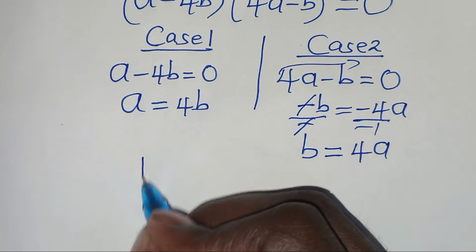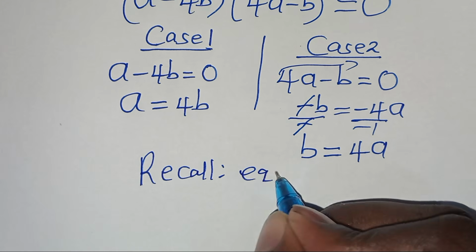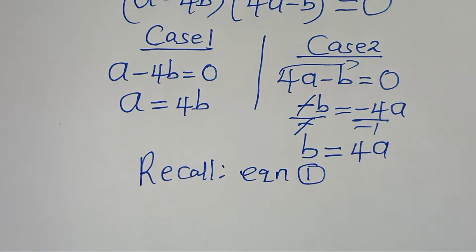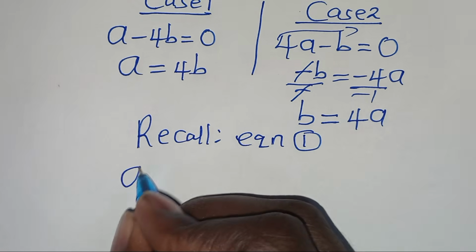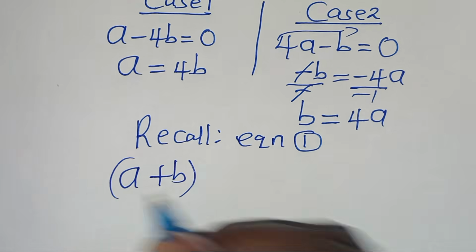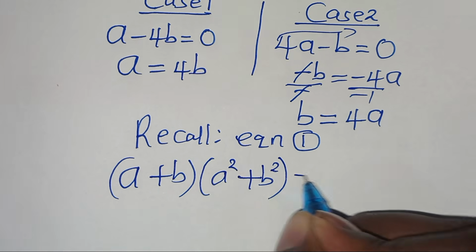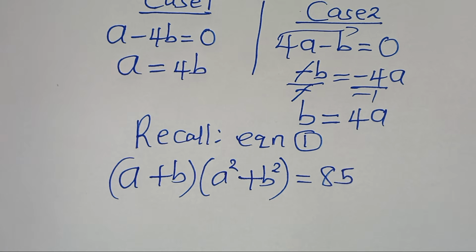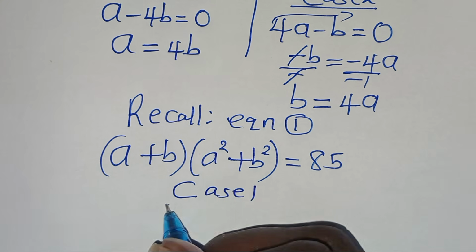Now the next step is that, if you recall from equation 1, which is a plus b multiplied by a squared plus b squared, this is equal to 85. So we have that from case 1. Now let's have case 1 here.